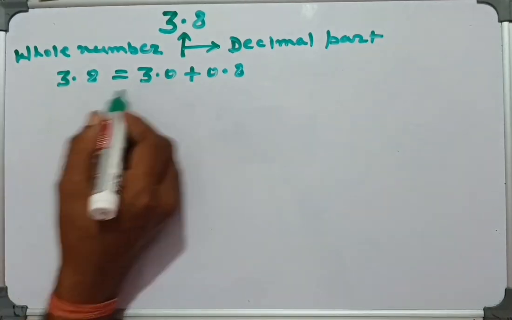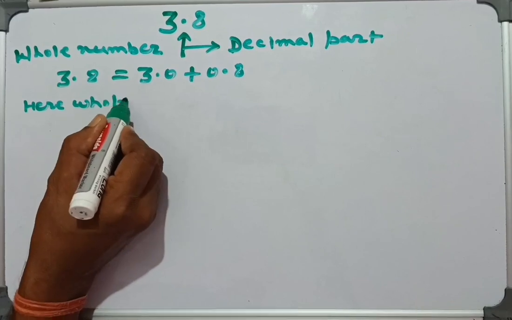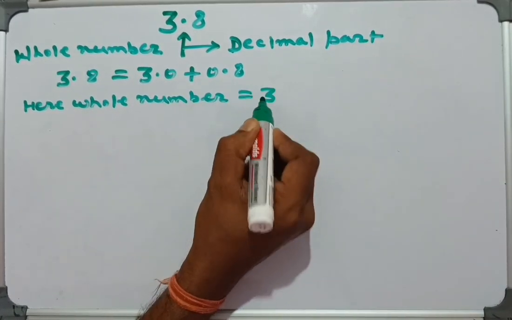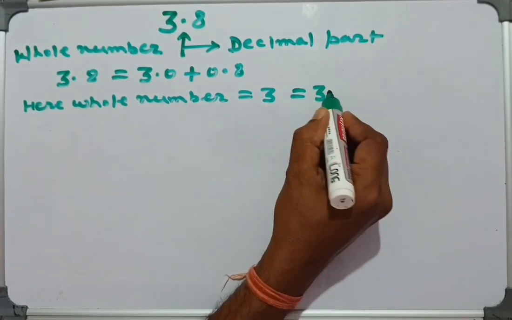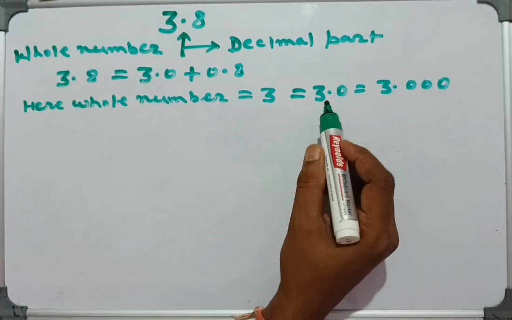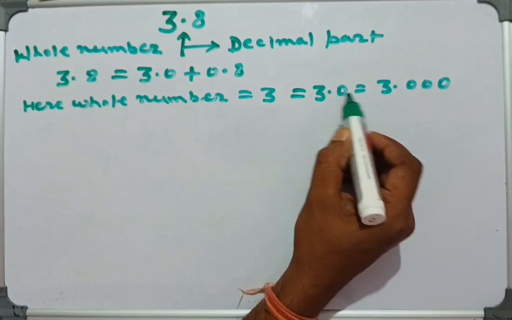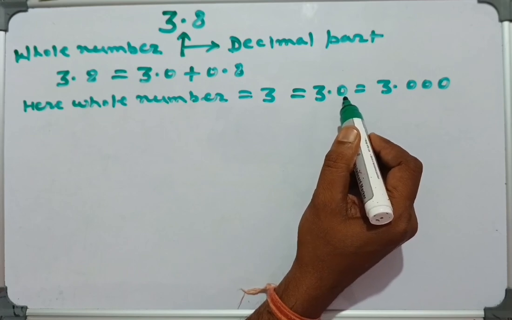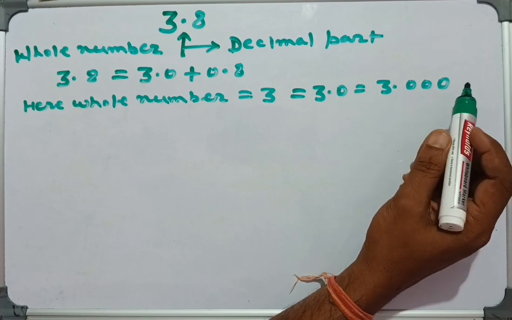Now here the whole number equals 3, or you can write it as 3.0 or 3.000. See, after this dot, on the right side, if you put 0, one or more, it has no meaning.